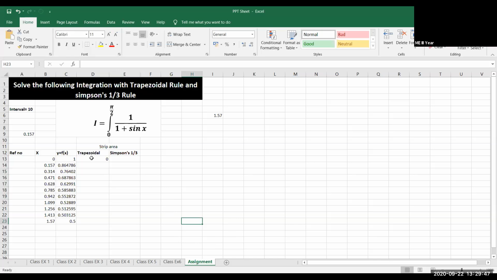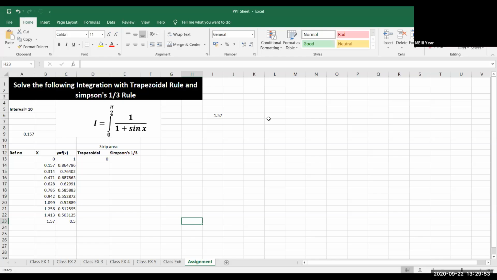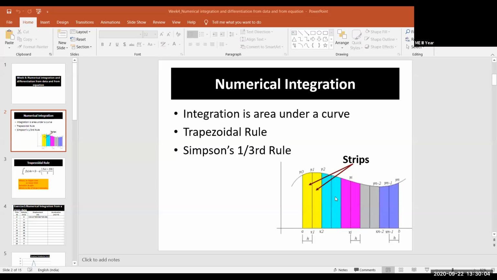I have already explained. I think you have not listened carefully. I am explaining again. Different strips are there.